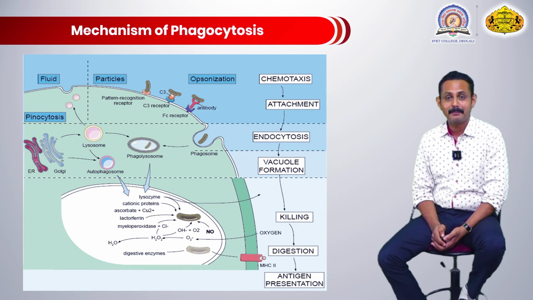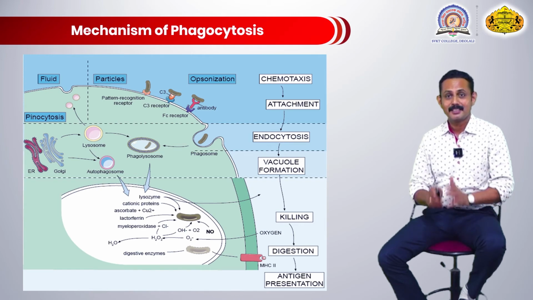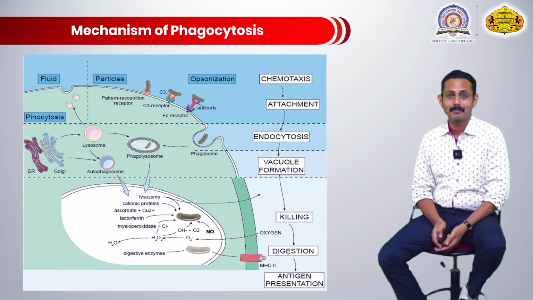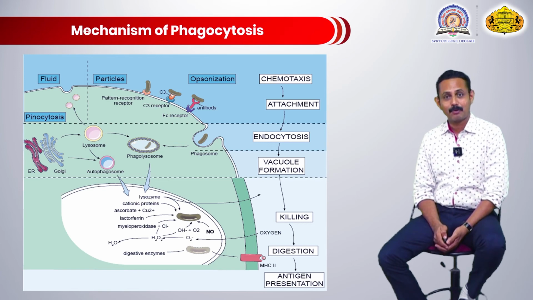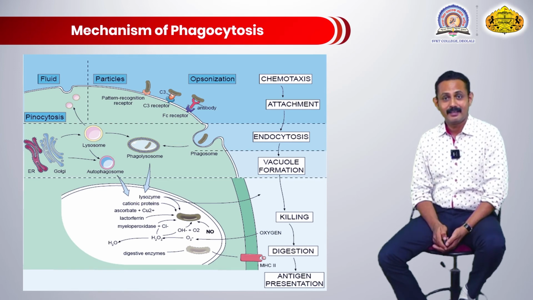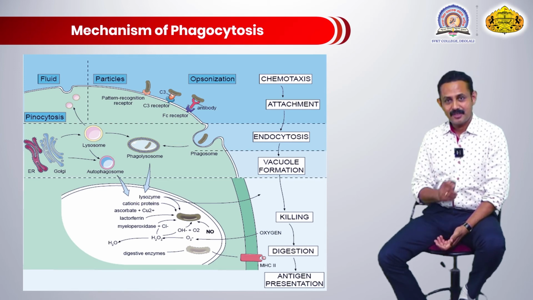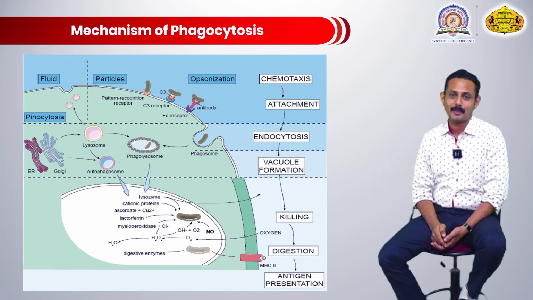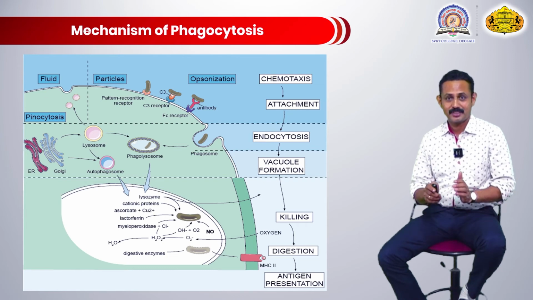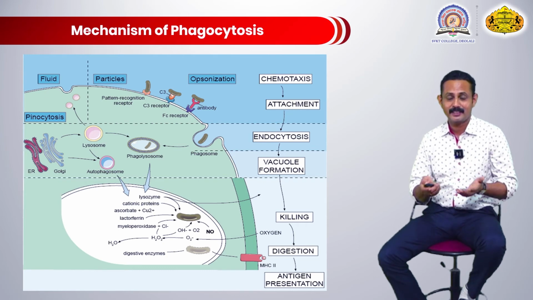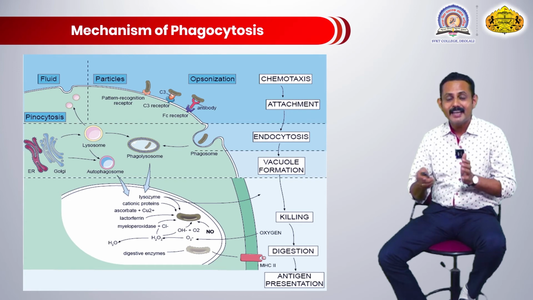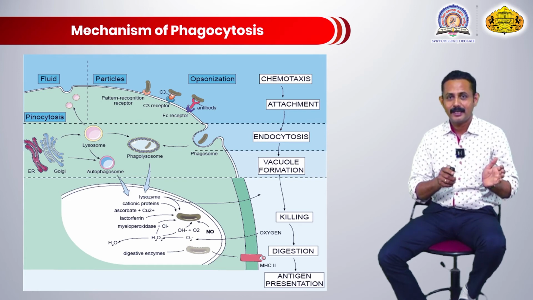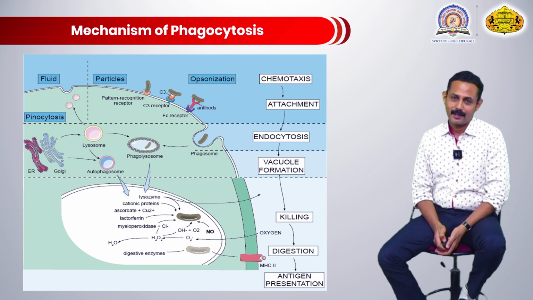This peptide is responsible as a stimulator for the activation of the effector cells of acquired immunity, especially the T helper cell. And this T helper cell further initiates different mechanisms of acquired immunity. So this macrophage, in addition to phagocytosis, is also a mediator for the cooperation between innate immunity and acquired immunity.